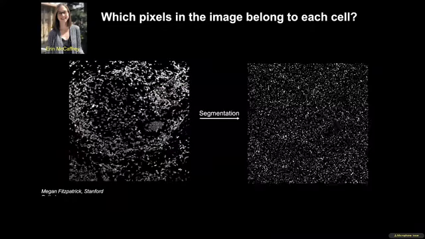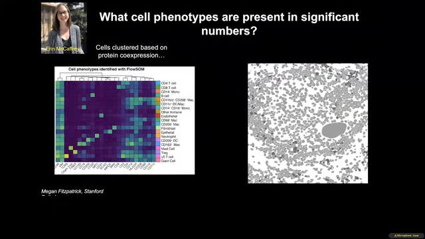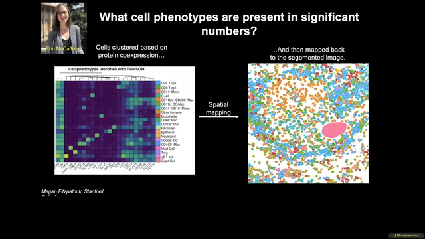We've segmented it, so now we know where all the cells are. We take those cells and look at the amount of protein in each of them, and map that in. Now we've clustered it, so we know what our cell populations are. Again, we can map those cell populations back onto the image and see where each one is and how they're spatially localized.